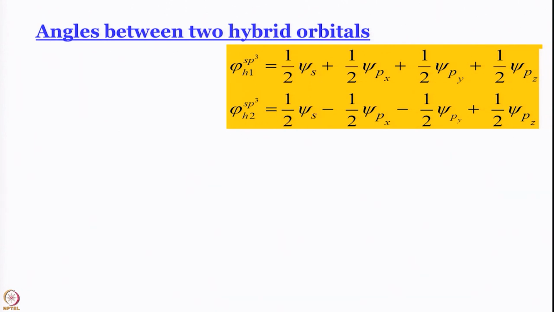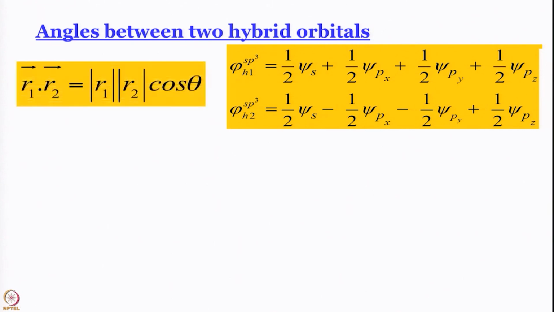Now that being said, we have worked out the angle anyway. Now let us work out the angle in a little more formal manner, and to do that we will work with H1 and H2 orbitals. Okay. If you remember the working formula for dot product of two vectors, this is what it is. You take a dot product R1 dot R2, that gives you magnitude of R1 magnitude of R2 multiplied by cos theta. Okay.